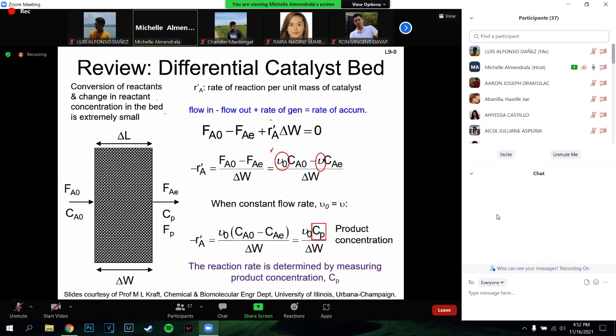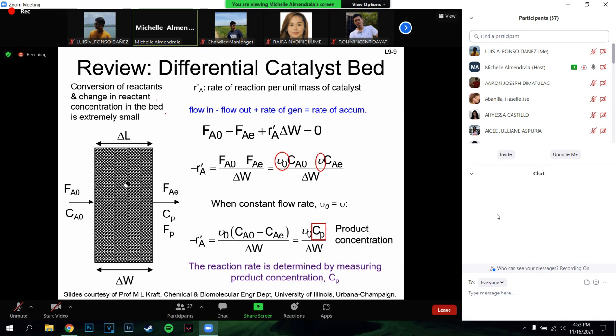So, review of your differential catalyst bed. In our catalytic reactor design, usually the discussion is that we have a reactor that's a batch, semi-batch, CSTR, PFR, and then another type, which is the packed bed reactor. The packed bed reactor is always a catalytic reactor.